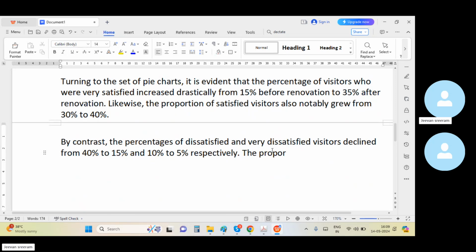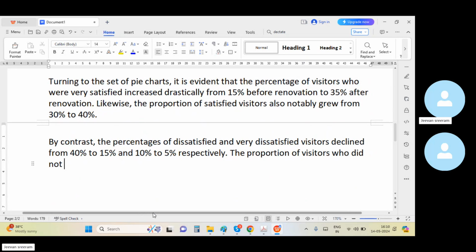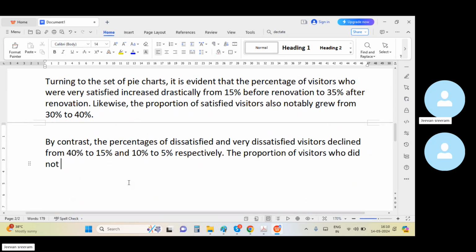The proportion of visitors who did not respond. Don't use contractions. Contractions mean didn't. Don't use didn't because you are writing formal content, right? Okay, the proportion of visitors who did not respond. Now it is a verb. Response is a noun given in the question.